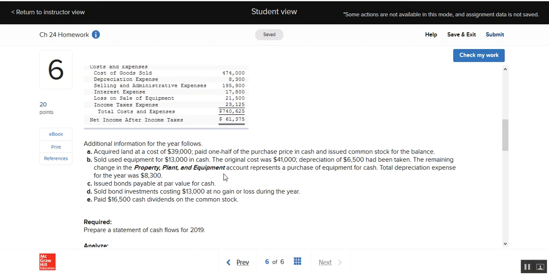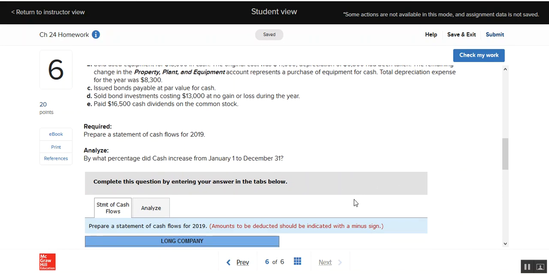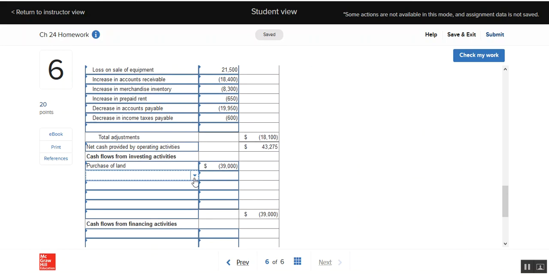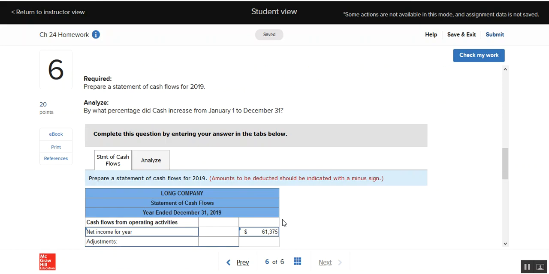And let's go back to what it said. Sold equipment for $13,000. All right. So it looks like we had $26,500 in change, plus that equipment that we sold. Let's try that and see if I'm reading this right. Oh, proceeds from sale of equipment was, excuse me, $13,000 in cash.